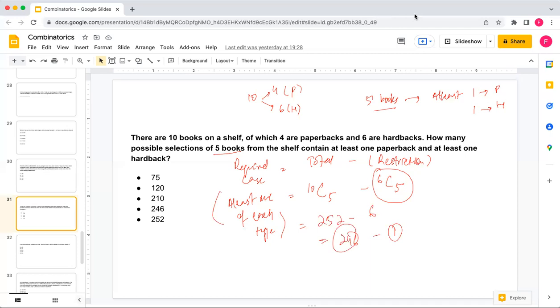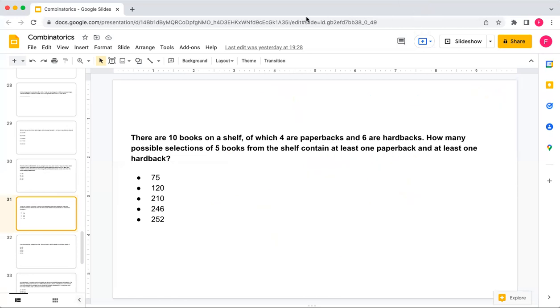Okay, let me move to the next scenario. The other way to solve this question is to figure out all of the cases available, in how many ways I can choose 5 books such that at least 1 of each is present. If I choose 1 paperback and 4 hardback, 2 paperback and 3 hardback, 3 paperback and 2 hardback, and 4 paperbacks and 1 hardback.